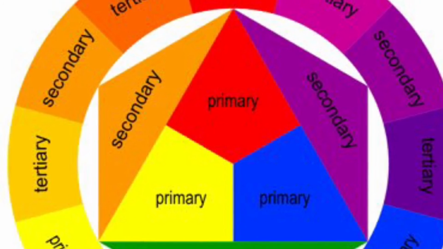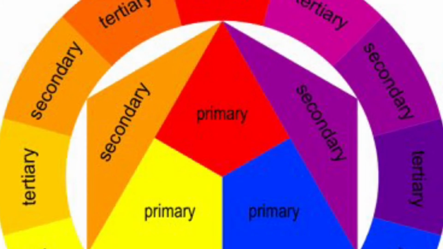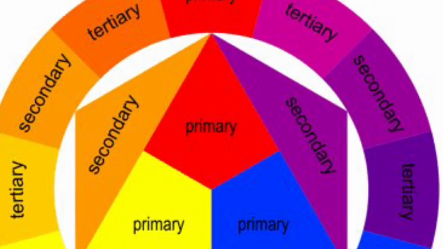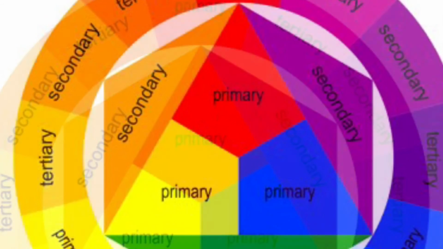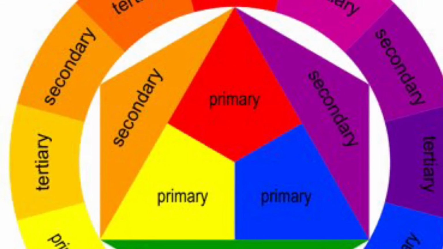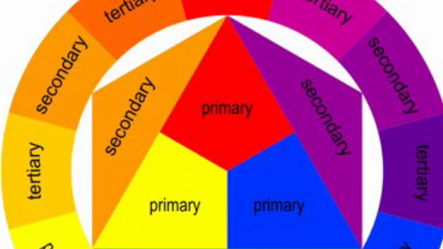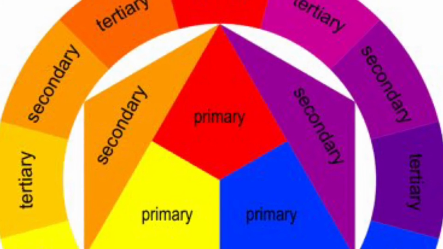Those tertiary colors have names such as yellow-orange or red-violet or blue-green. And a lot of times we have other names for those, such as maybe turquoise, indigo, stuff like that. And so those are all common colors that we use when referring to the color wheel.